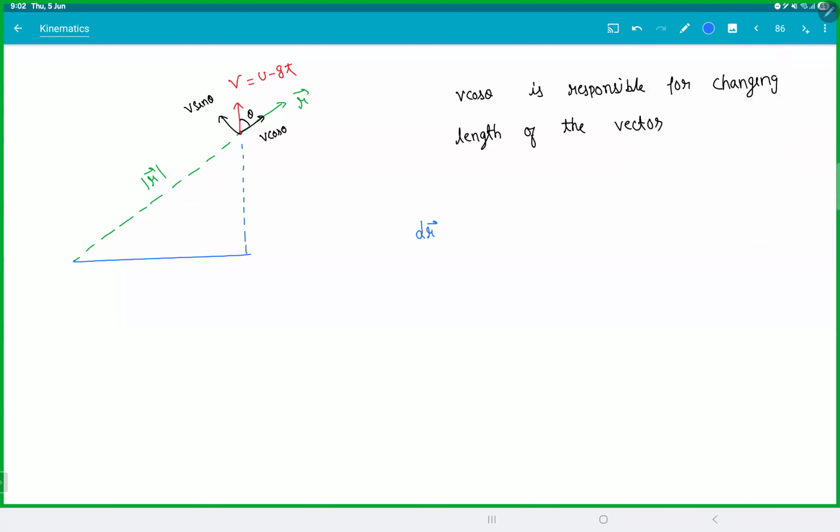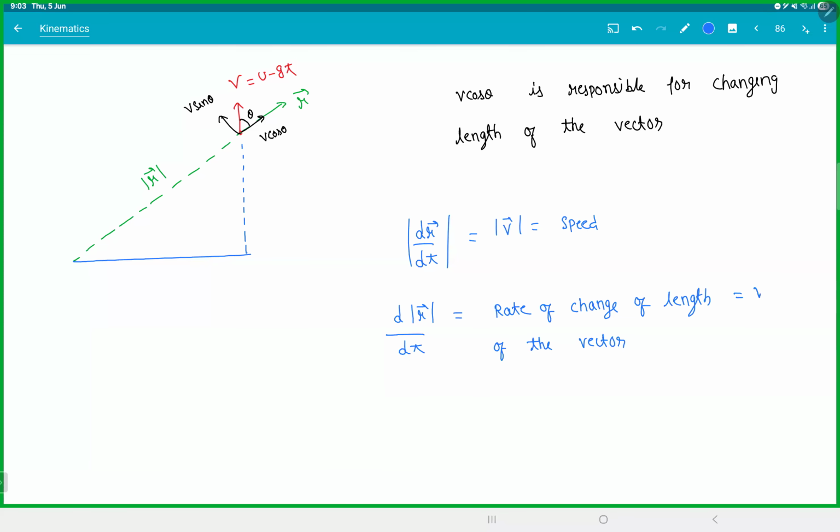If I write mod of dr by dt, this is mod v bar, this is speed. If I ask you d mod r by dt, this is not speed, this is something else. This is the rate of change of length of the vector, which is nothing but v cos theta.